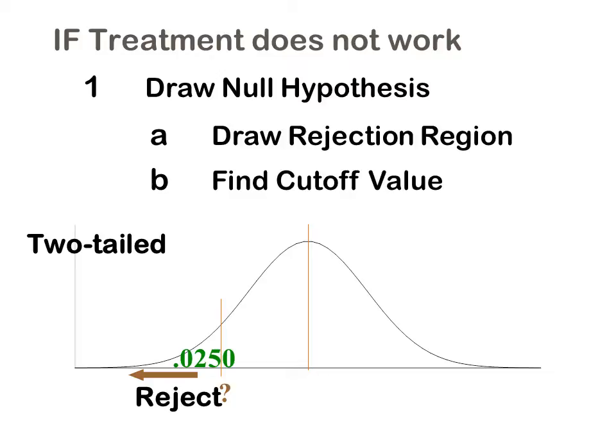If a treatment doesn't work, that is, we're drawing the null hypothesis of when the treatment does not work, the first thing you do is you draw a rejection region. Now, if we've got an alpha of 0.05 in a two-tailed test, half of that 0.05 would go in the left tail, and another half would go in the right tail.